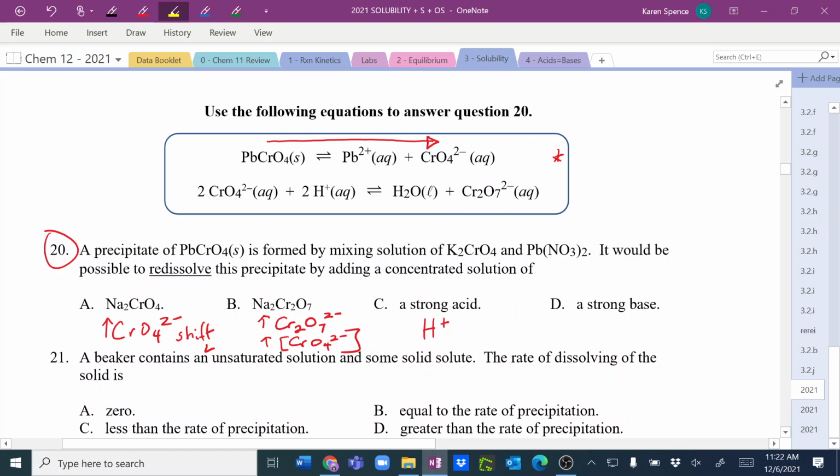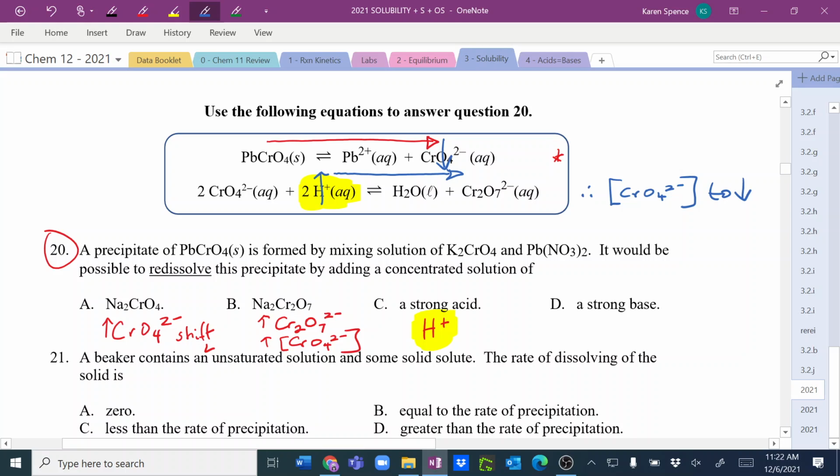So that will increase the concentration of hydrogens, which will cause the bottom equilibrium to shift to the right, which causes chromate, CrO4 2-, to decrease, which will cause this to decrease, which will cause that to shift to the right. So it's like a chain reaction.